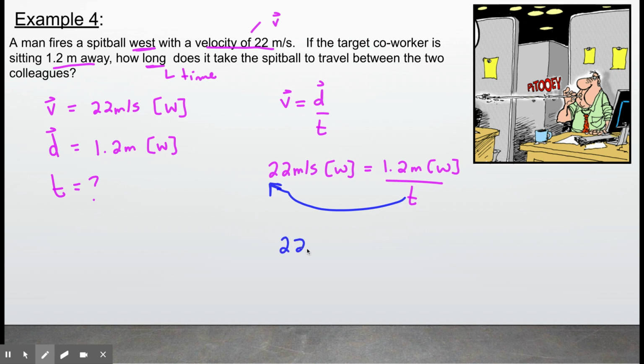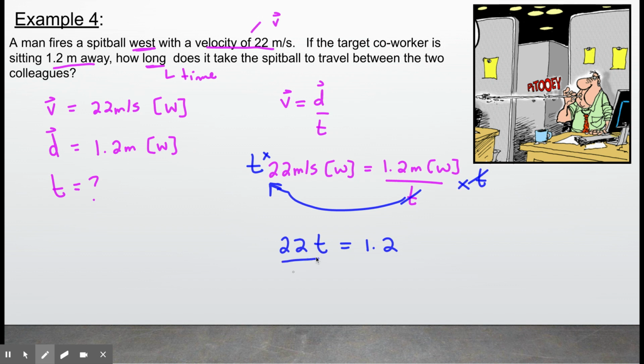So 22, and I'm just going to get rid of my units temporarily so you guys can see it. It's just a simple math question. The reason I've moved that t is I multiplied by t, and what I do to one side, I do to the other. So 22 times t is equal to 1.2.